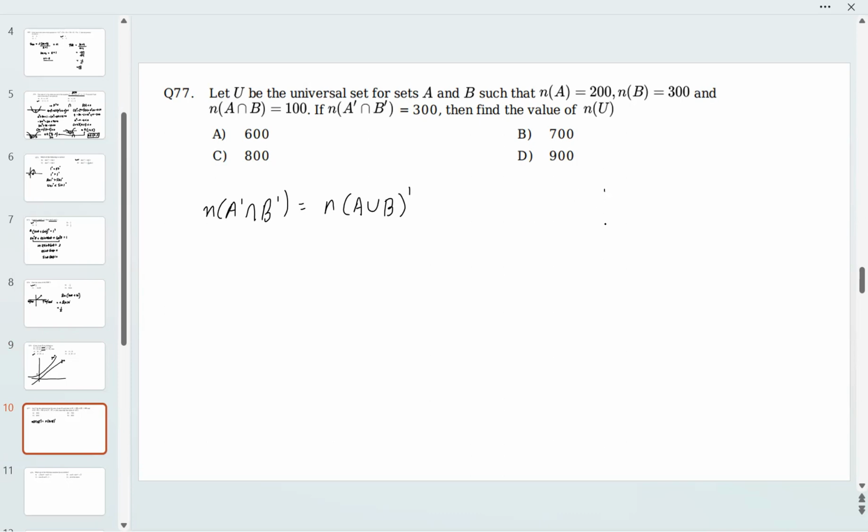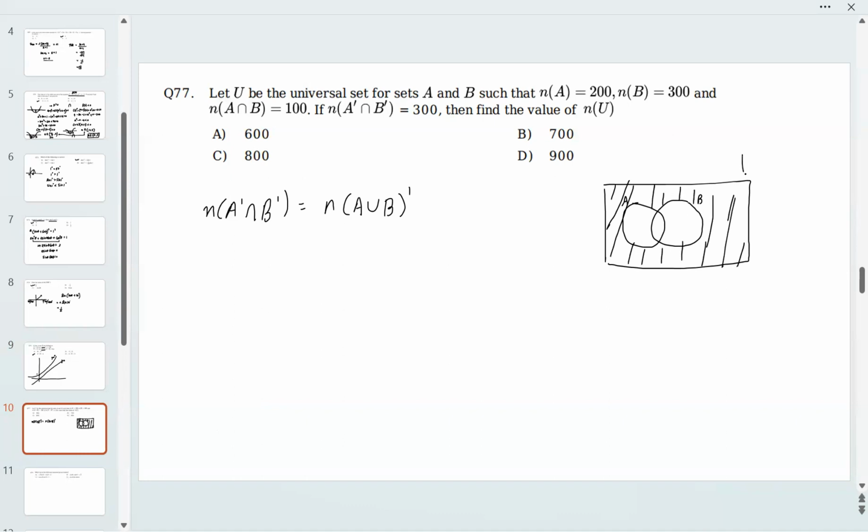Now, if you did not understand, let me show you through the Venn diagram. This is set A, this is set B. So N of A union B the whole dash means everything except A union B, means the outer region, except A union B, in the set U. So I can write this as, please note, N of U minus N of A union B. If I subtract this N of A union B part from N of U, I'll get the shaded region.